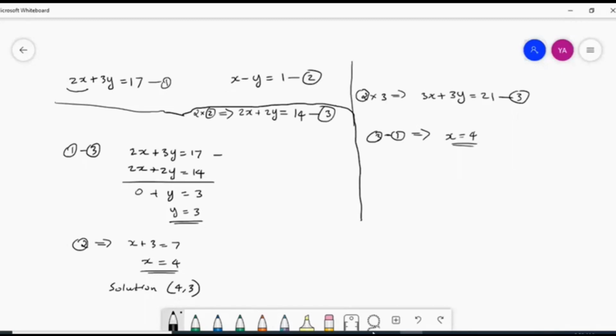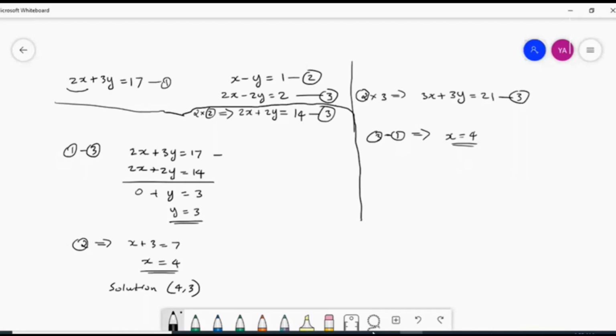So we can also do the same method. You double the equation: 2x minus 2y is equal to 2. This is equation number 3. Here the x coefficients are equal, and the signs are also equal, right? So here you want to subtract.